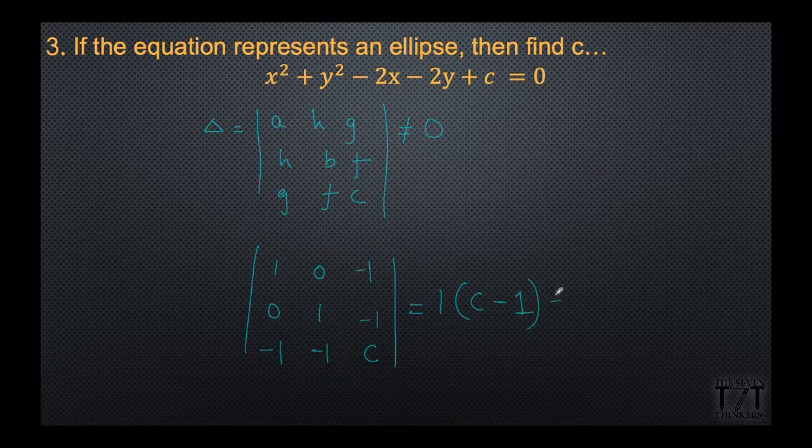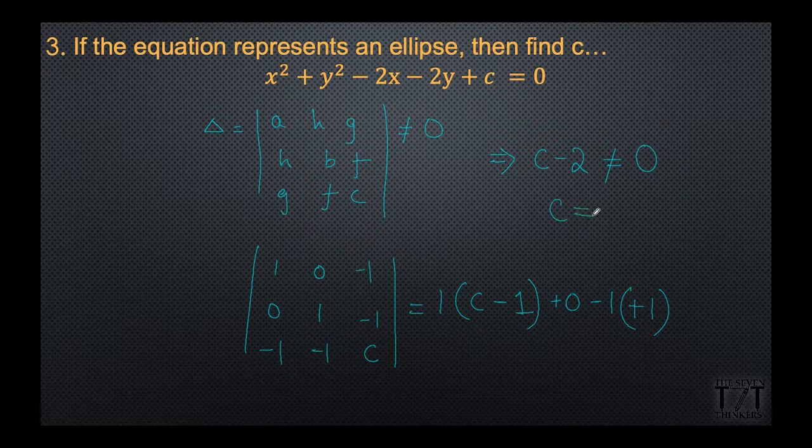plus 0, minus 1 multiplied by 0 times minus of minus 1. So we'll get this as C minus 2, which is not equal to 0.